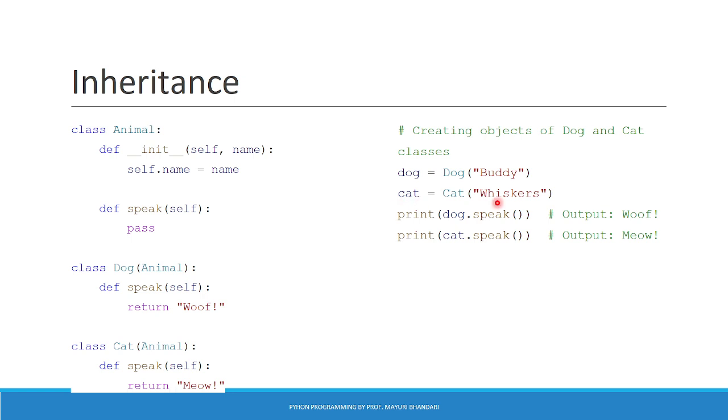Same for Cat, you have to give a name. No need to define init for the child class. Keep in mind that here we have three classes: Animal, Dog and Cat. A constructor cannot be overridden.